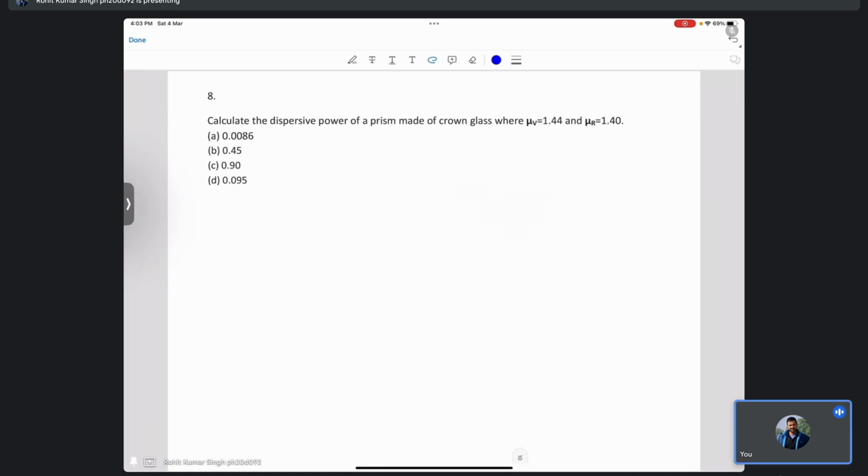Okay, so now we have a good problem here. The question is, calculate the dispersive power of a prism made up of crown glass where mu v and mu r are given. So dispersive power, as I showed you, is given by the deviation of the violet ray minus the deviation of the red ray divided by the mean deviation.